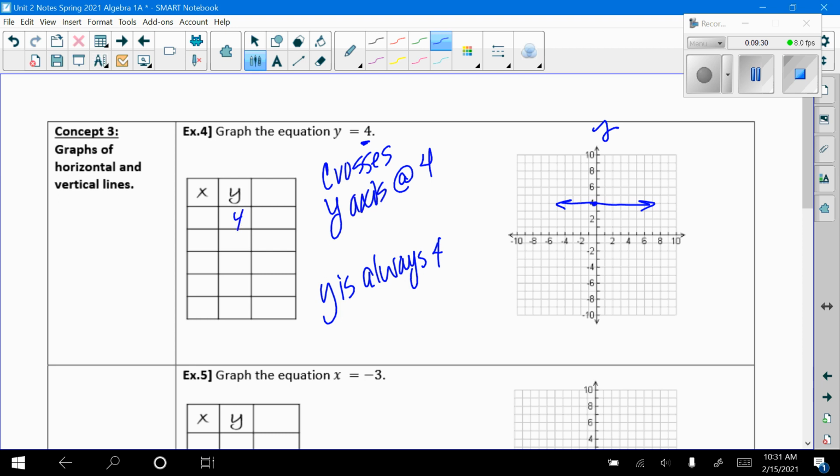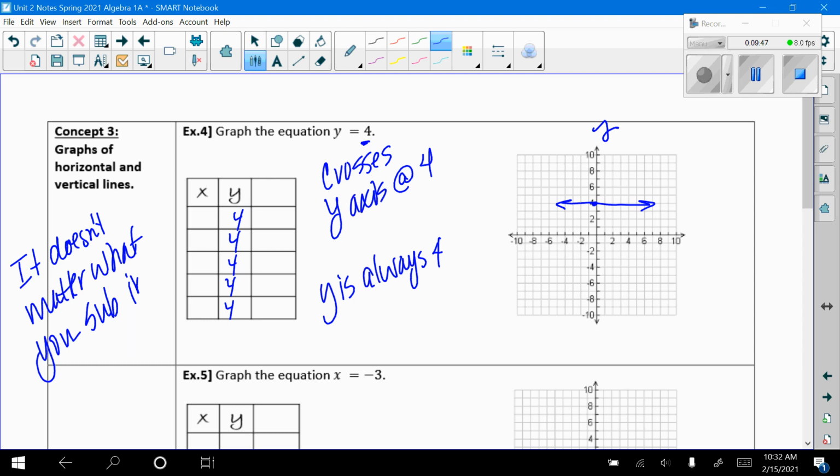So 4, 4, 4, 4, 4. And it doesn't matter what you sub in for x. It could be negative 2, negative 1, 0, 1, 2.